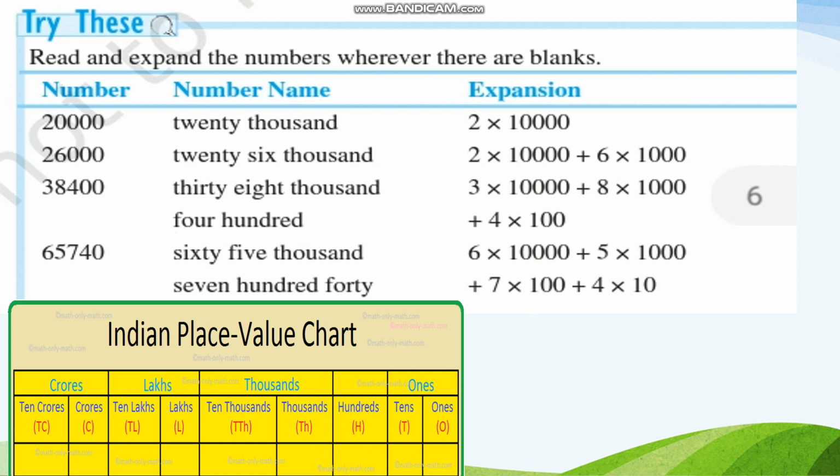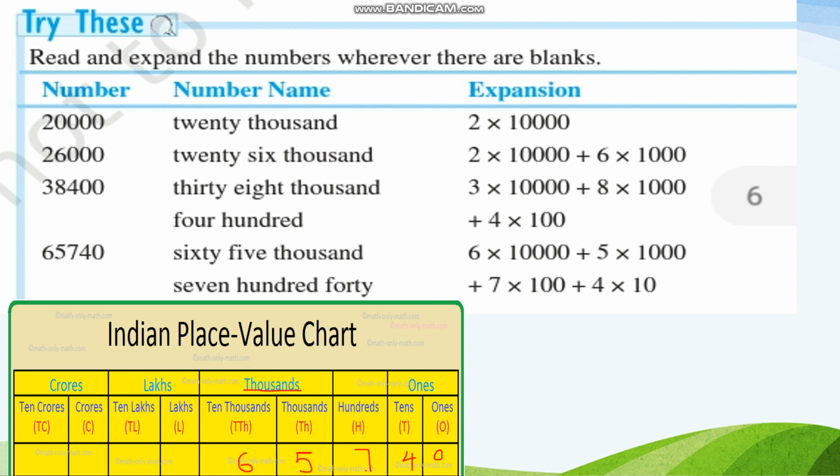The next five-digit number is 65,740. So let's arrange this in the place value chart. 0, 4, 7, 5, 6. Now look how to read this number. 65,740.